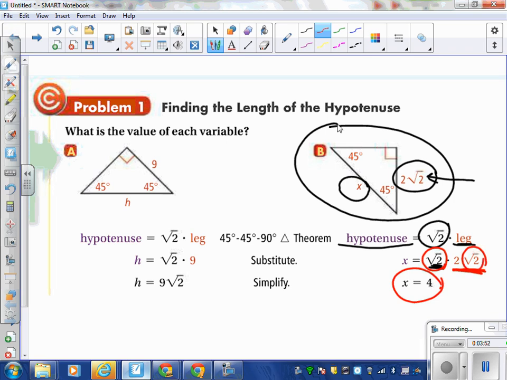That means my answer would be square root 4. And what's the square root of 4? 2. So then I take 2 times the 2 on the outside, and that gives me 4 as my answer.